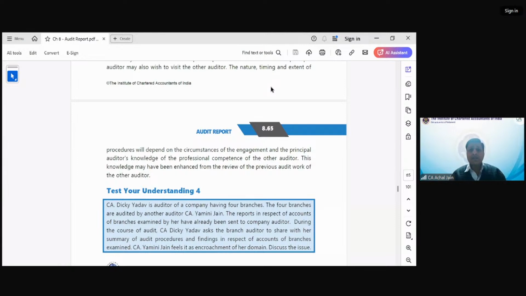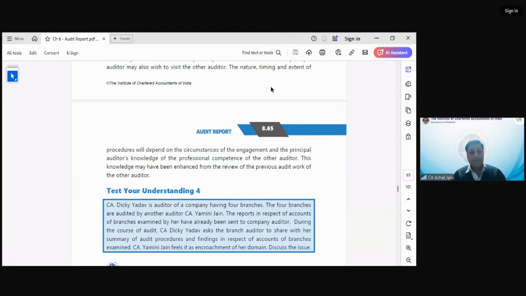Ritika says CA Yamini's feeling about encroachment is not correct; as a component auditor, it's her responsibility to provide the required information. Apurv says she can't deny because the principal auditor is responsible for the audit of the financial statements of the company as a whole.